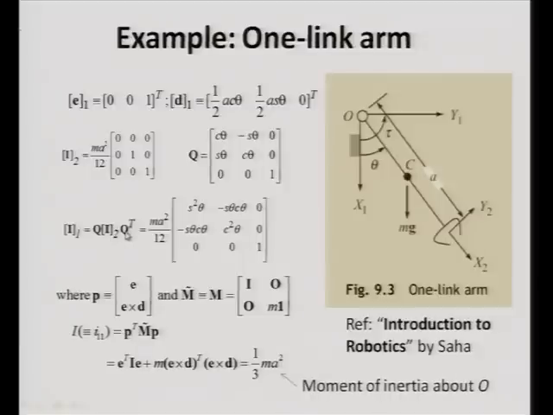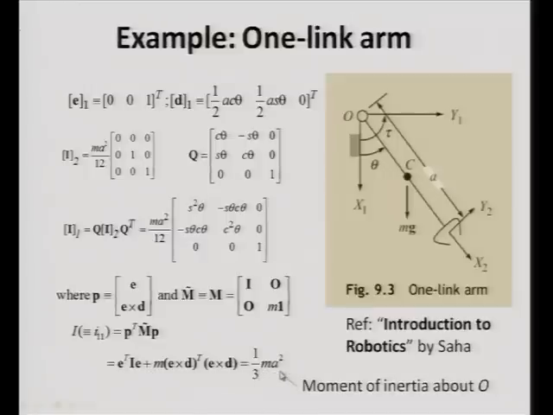For vector transformation it is the Q into the vector only, but for matrix transformation it is Q matrix Q transpose, and that is the expression I have shown here. And now, if you form that P and M, if you put everything in these values, you will get nothing but 1 over 3 m a square.